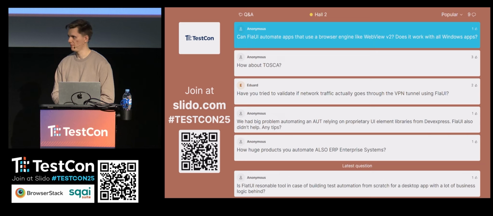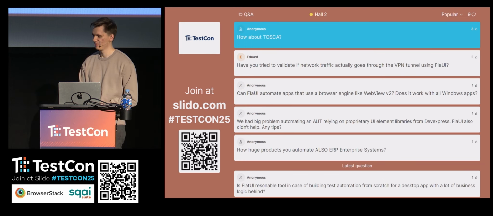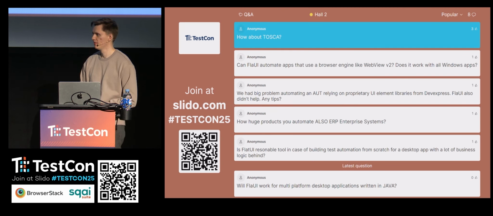Yes, so please kick it out. So where did we stop? How about Tosca? Okay, that's something I cannot elaborate. Who wants to elaborate on this question? Yes. Okay, I will bring you the microphone.